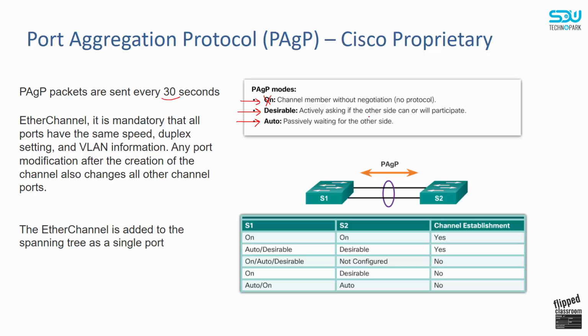And in case from one side there is a desirable port and from the other side there is an auto port, then they will have adjacency created and they will have an EtherChannel.